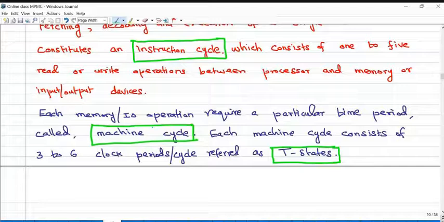For example, opcode fetch is one machine cycle. Memory read, memory write, IO read, IO write are all called machine cycles.